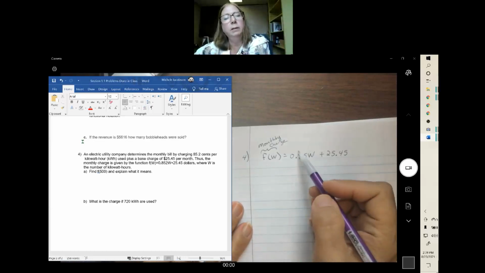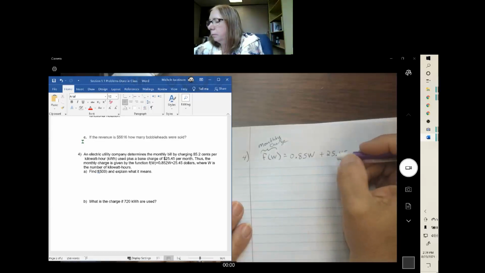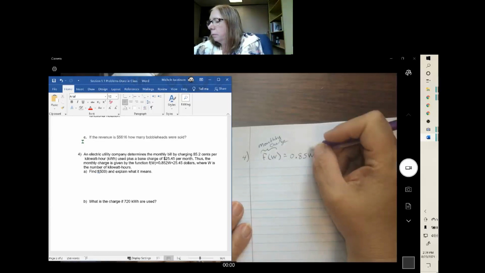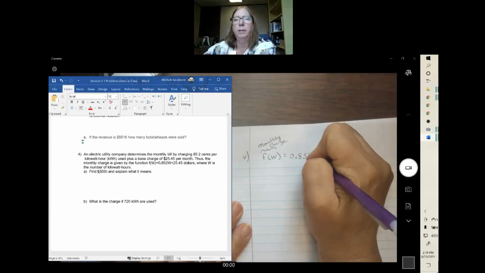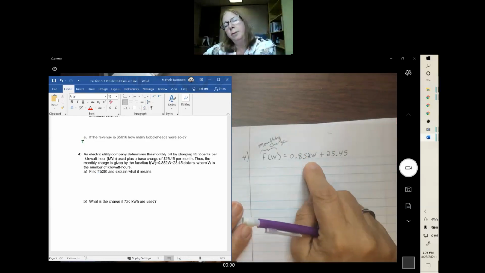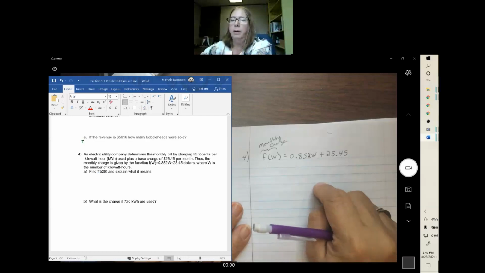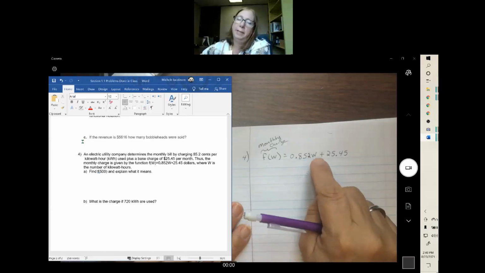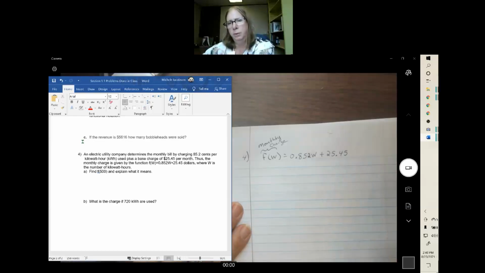And then it goes up 85. I think I dropped the 2. Yeah. Oh, no, they have it in there. I forgot my 2 when I rewrote it. But 0.852 per kilowatt hour. So each additional kilowatt hour, it goes up approximately 85 cents.